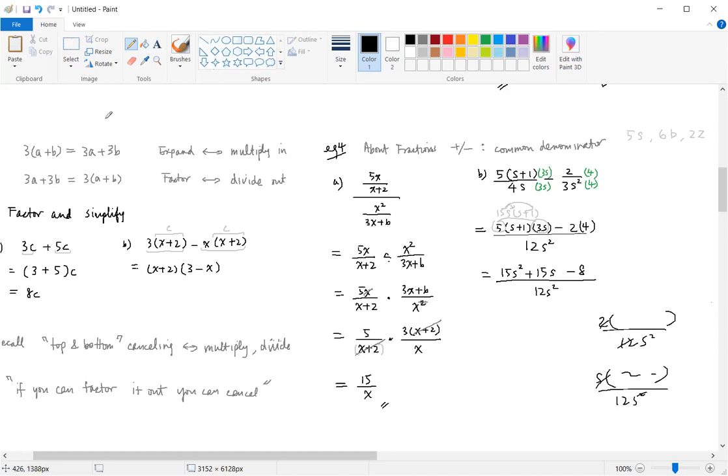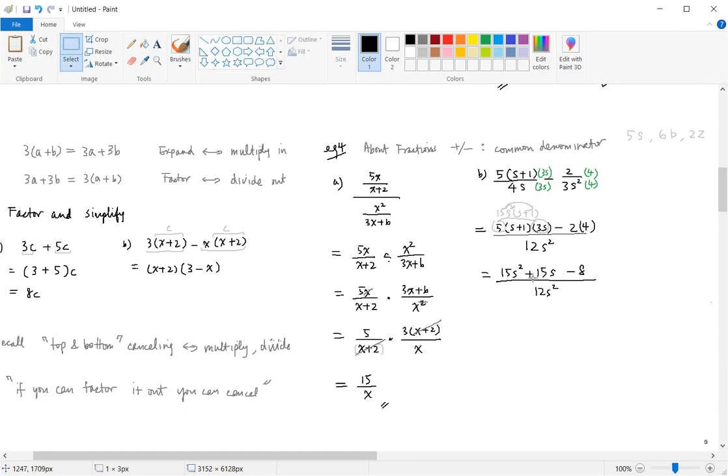So we just have to ask ourselves, if we want to cancel, we can only cancel the 12 or the s. So can you take out a 2? Can you take out a 3? The 8s don't. Can you take out a 4? Can you take out a 6? No, you cannot take out 2, then you cannot take out 6, of course, because 6 has a 2 in it.